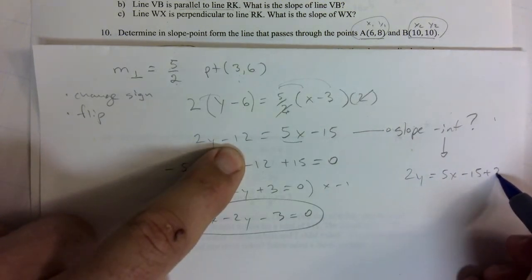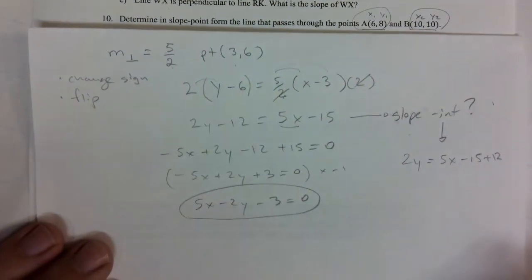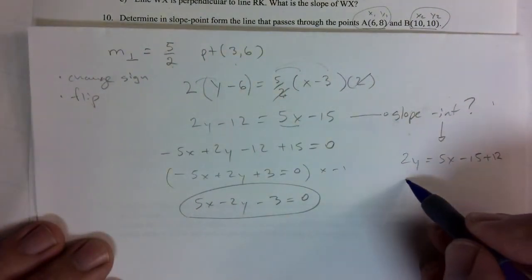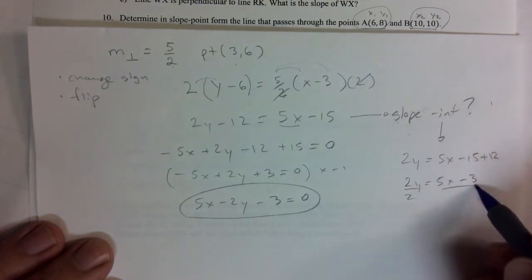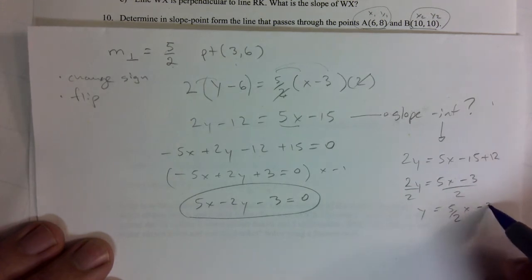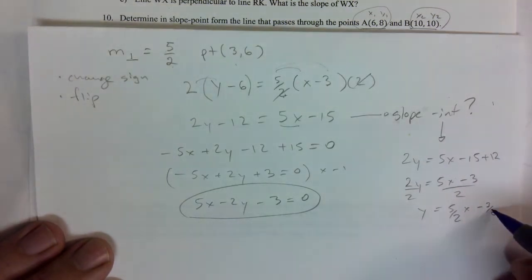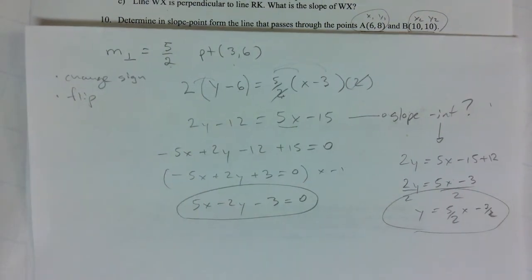The 12 comes over adding. Okay, so I'm now isolating y. And so 2y is equal to 5x minus 3. Divide everything by 2. And that's 5/2x minus 3/2. Right, so that would be the slope-intercept form.